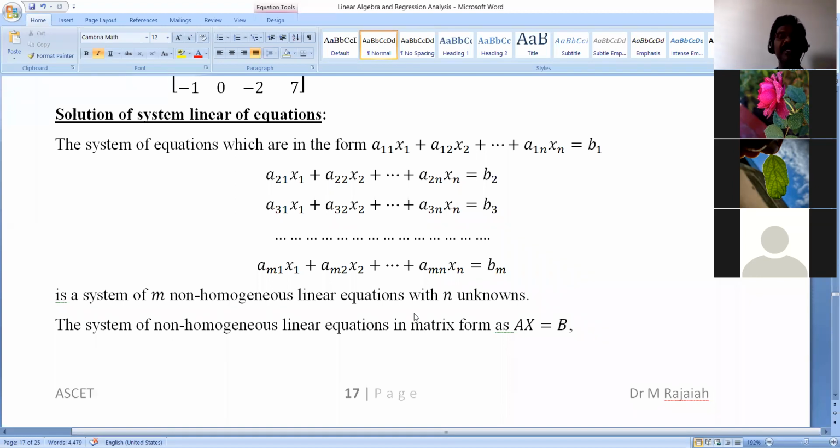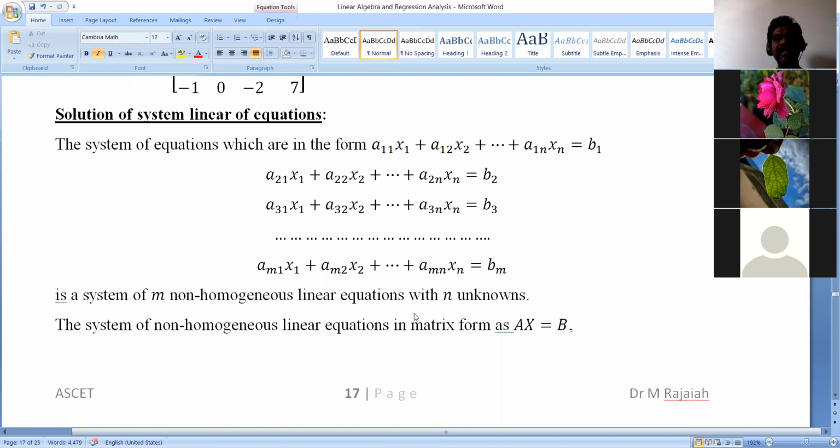Solutions of system of linear equations. The system of equations in the form of a11x1 plus a12x2 plus a13x3 plus so on plus a1nxn equal to b1. This is the first non-homogeneous linear equation. And the second one is a21x1 plus a22x2 plus a23x3 plus so on plus a2nxn equal to b2.